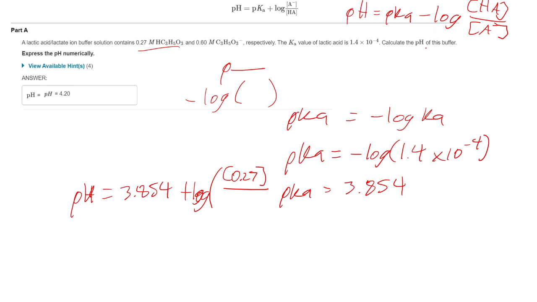I was thinking this, and I did this. All right. I'm gonna rewrite this, because honestly, I just don't have room to do this, where I started it. 3.854, which is pKa, plus the log.